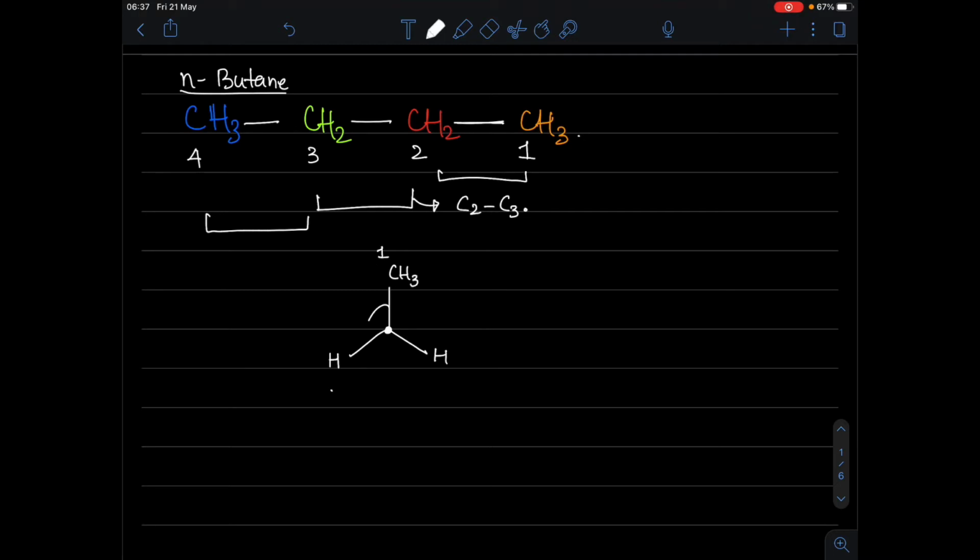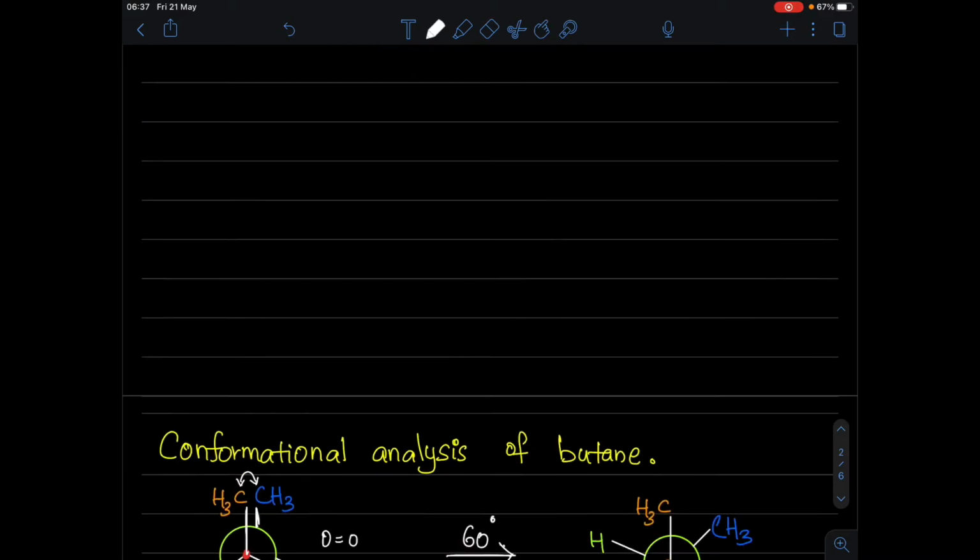And I write the third carbon with a circle and it is connected to two hydrogen atoms. These are the two green hydrogen atoms, and to that same carbon there is one more methyl group, that is the blue color. So the first carbon, second carbon, third carbon is a circle and the fourth carbon is here. With the same color code I have shown the structure here.